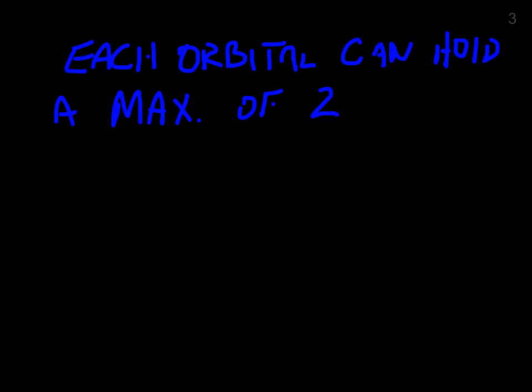So it can hold 1, or it can hold 2, depending on however many electrons there are. Alright, so this might seem a little confusing, and yeah, probably is a little confusing. But we'll get to where we can make a rough estimate as to where these electrons are going to be, which turns out to be pretty valuable.